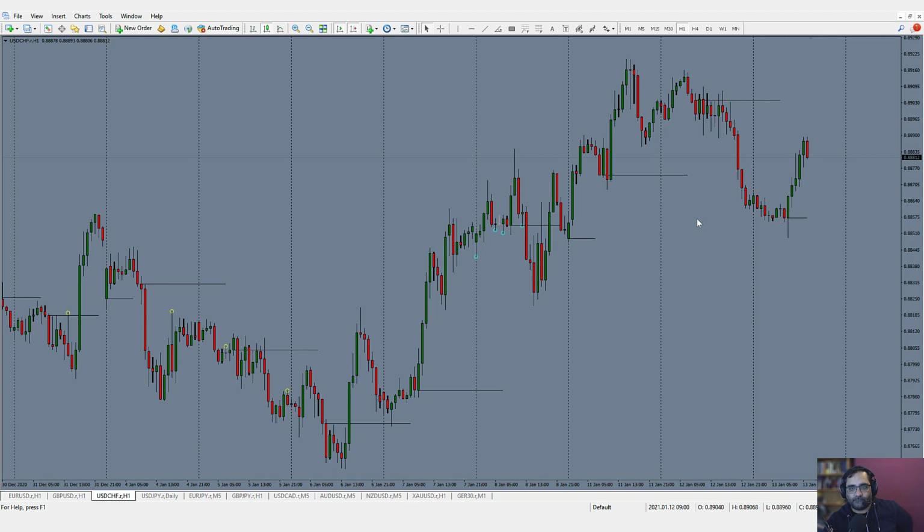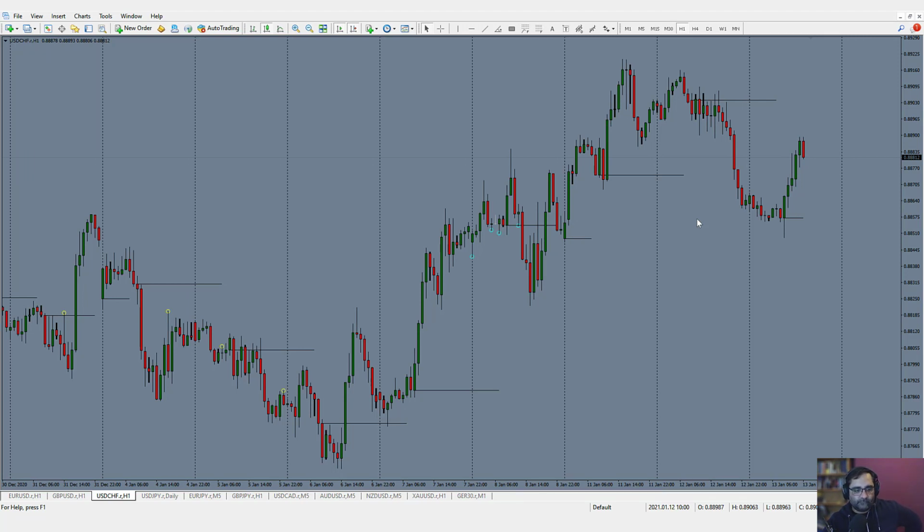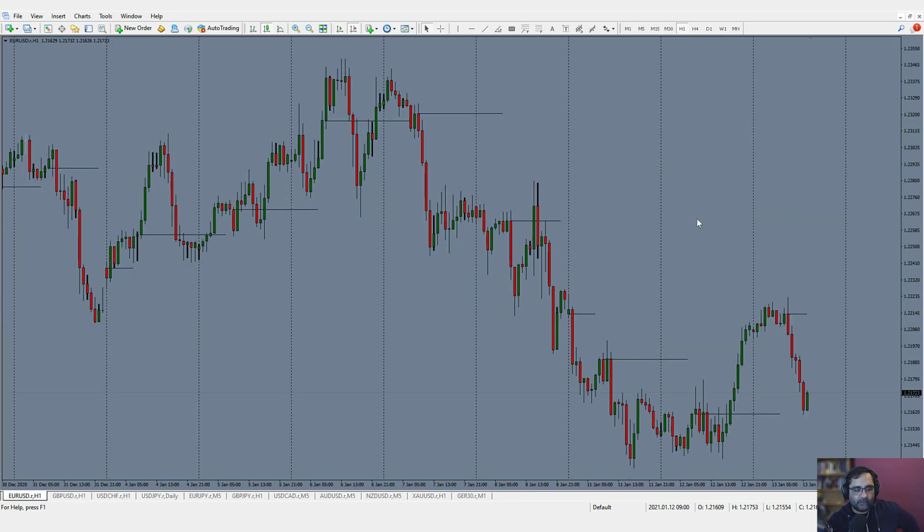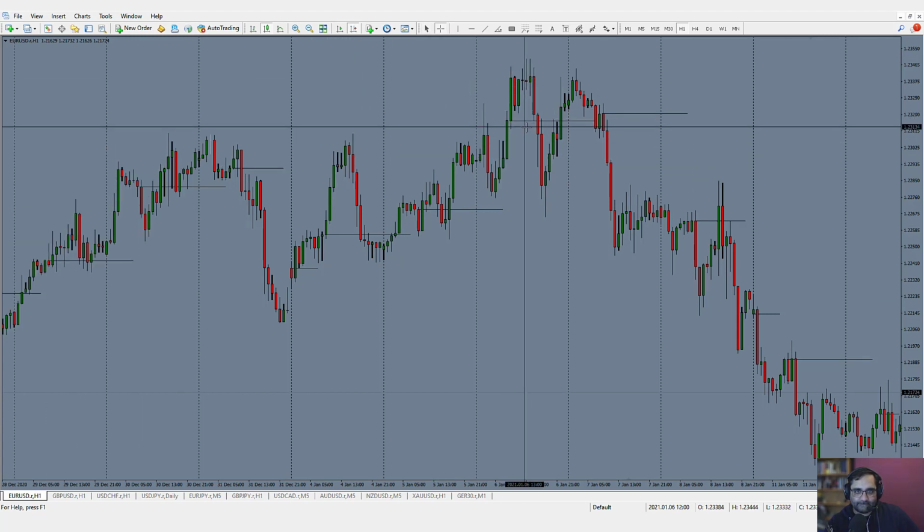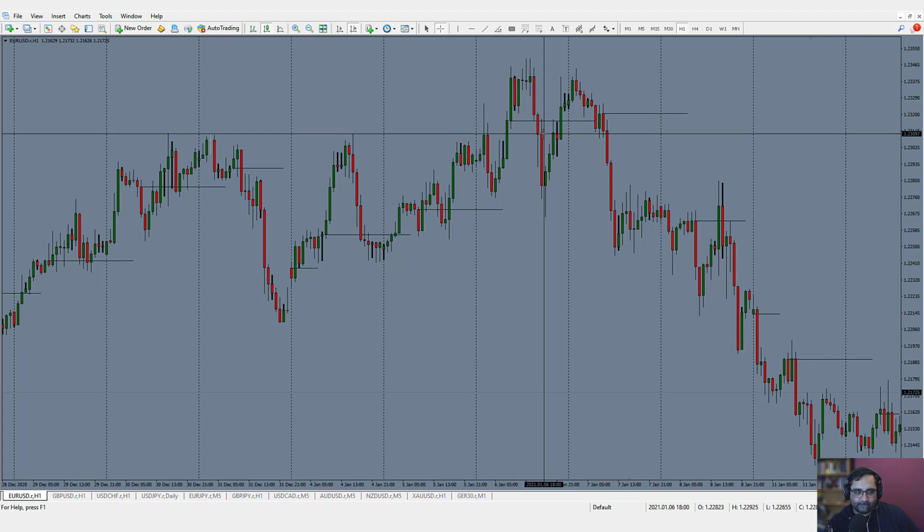For example, come to 6th of January, on euro dollar. This chart, yes, euro dollar or USD/JPY or something. We can take 6th of January. Here we are, a very successful trade. I think the picture has a delay for me.